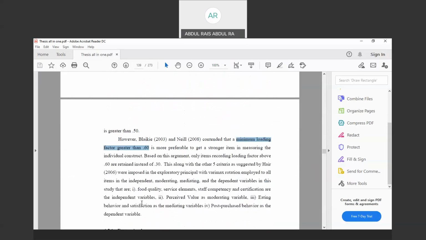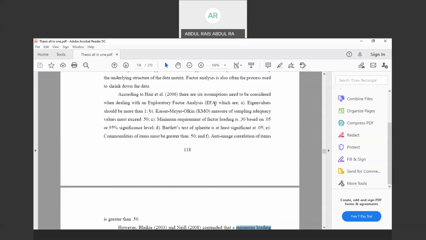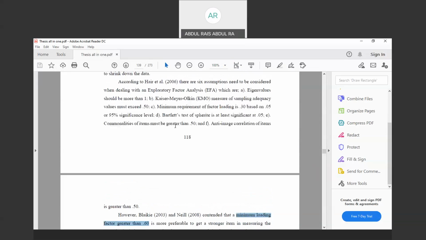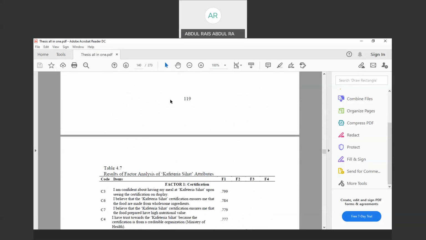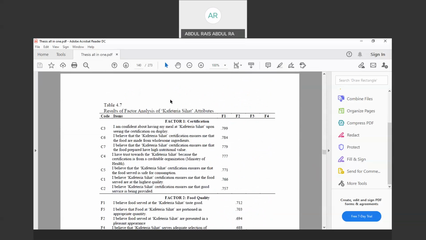And usually when you delete it, it will bring the value of your Cronbach's alpha reliability up. Okay, while fulfilling all the six requirements set for EFA, let's look at an example of how EFA is being reported.